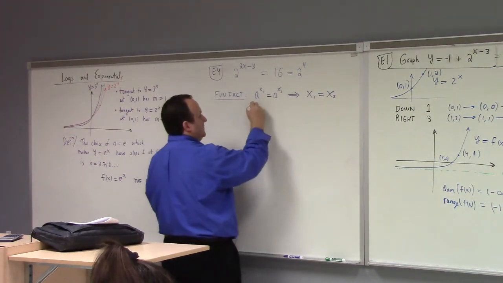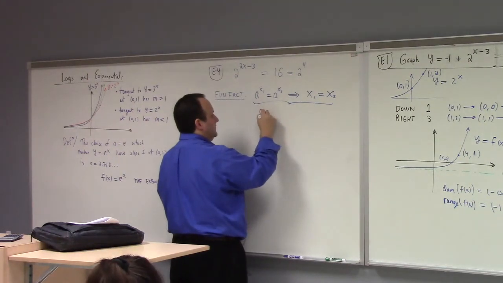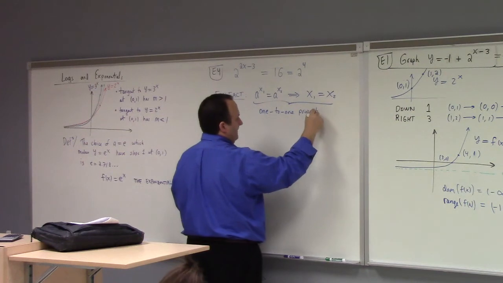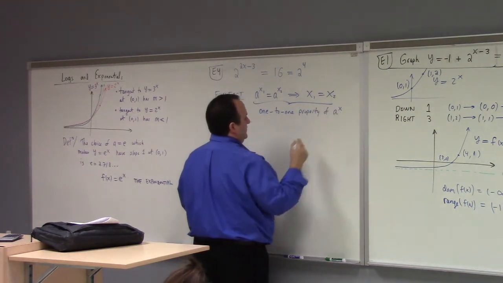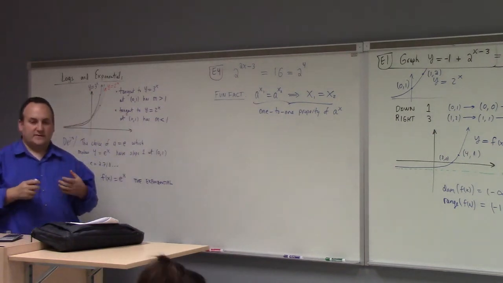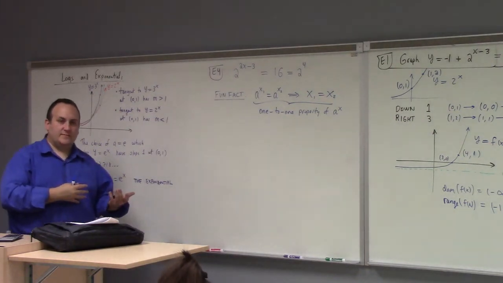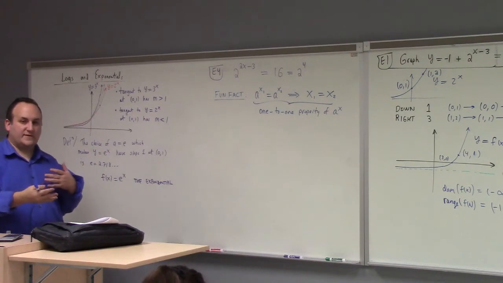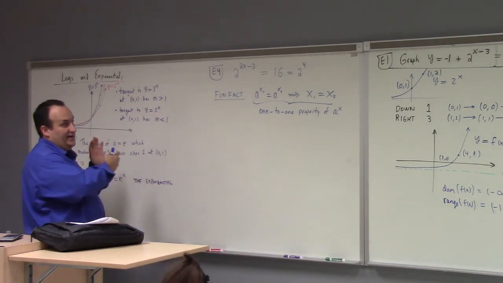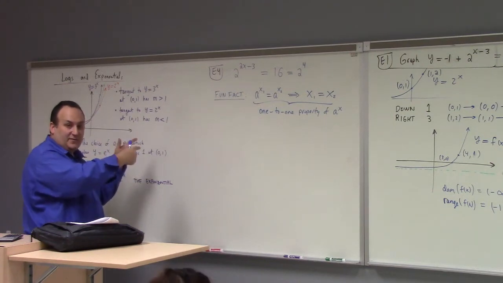This right here is the 1-to-1 property of a to the x. This is not a surprising fact for us. This is what we were talking about last time: 1-to-1 functions are the ones that are invertible. If the values are equal, the inputs are equal, right?